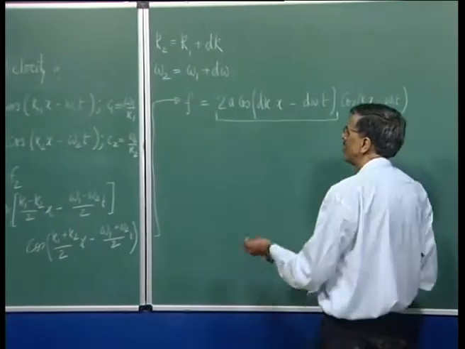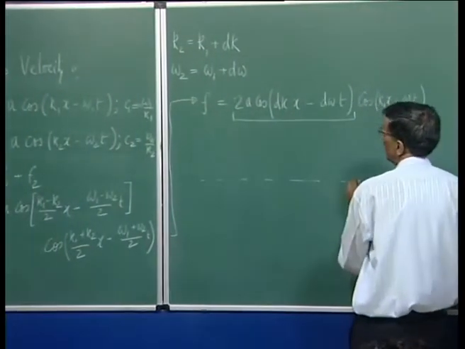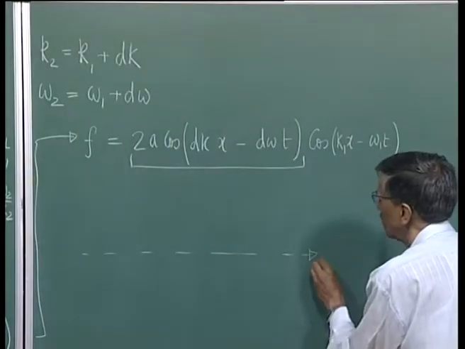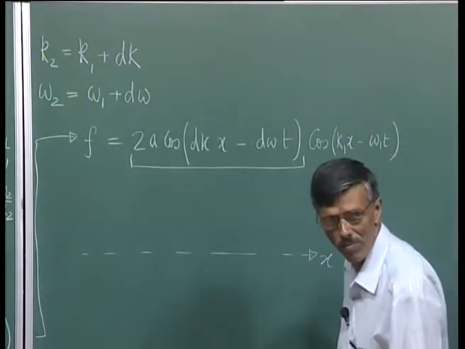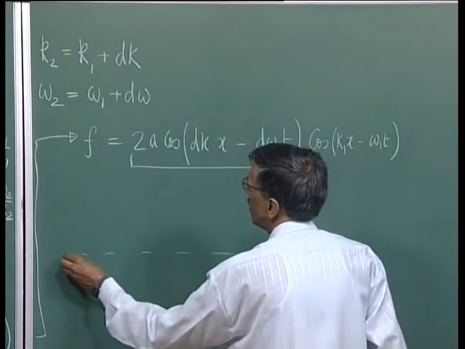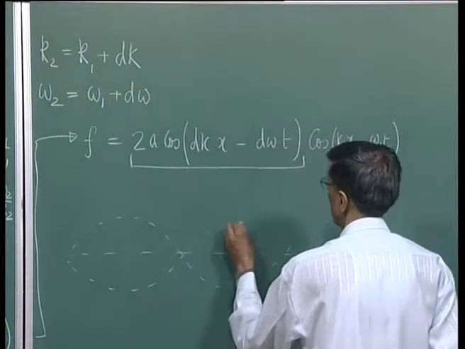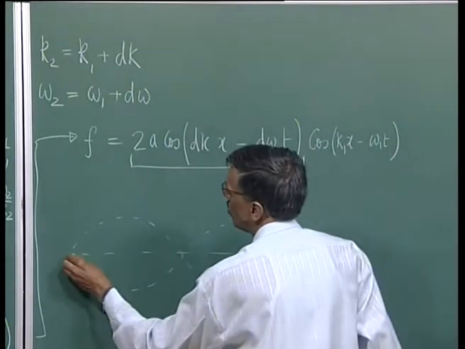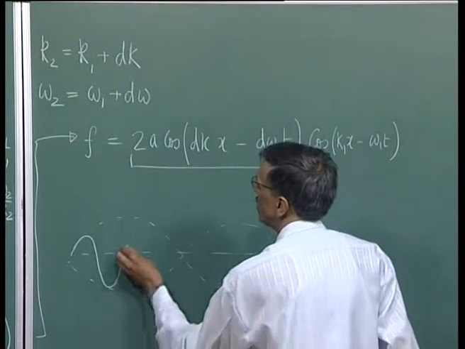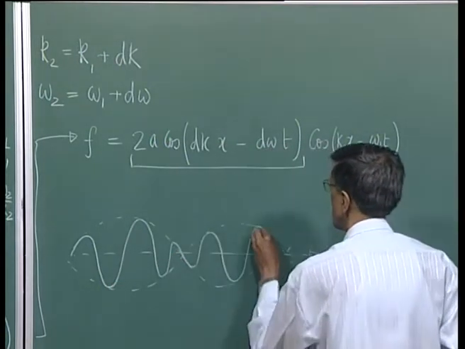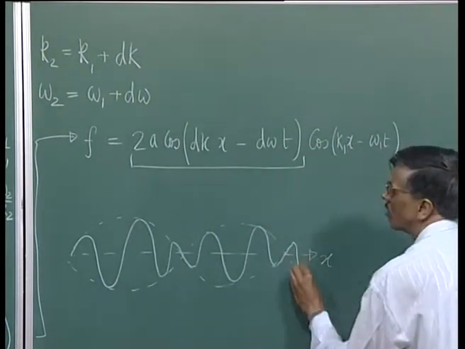And this is what you see if you plot it versus x for a fixed time: the variation would be given in a packet like this. So, the actual wave that you would see would be something like this, and so on and so forth.